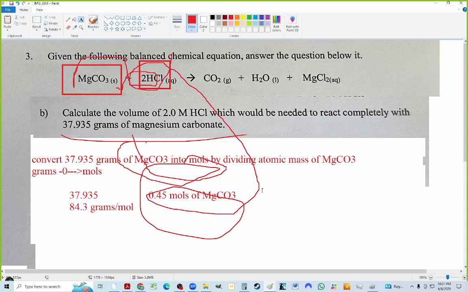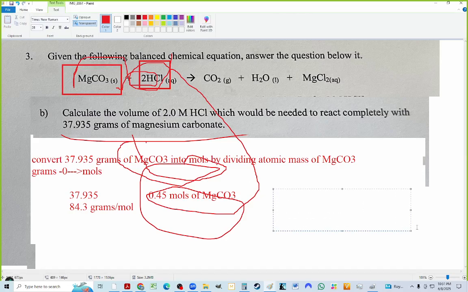So that's the volume of 2 moles of HCl, which would be needed to react completely with, but don't get hung up on that. We have to find the moles. So how many moles, you just told me, if I had 1 mole of MgCO3, I'd multiply it by 2 to figure out how many moles of HCl, right? How many moles have you calculated you have of MgCO3 just now? 0.45 moles.